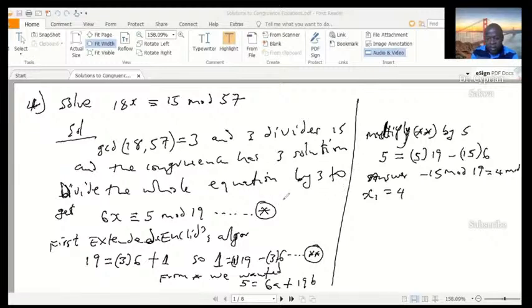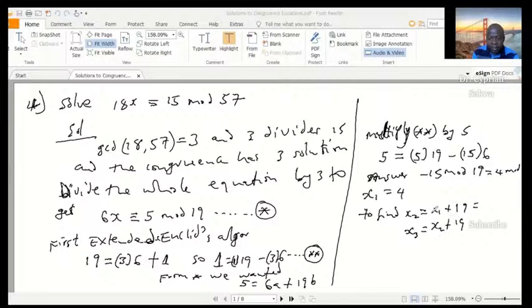To find x2 and x3, because we say that this congruence has 3 solutions, you take x1 plus the moduli, which is 19, to find x2. And then to get x3, take x2 plus the moduli, 19.